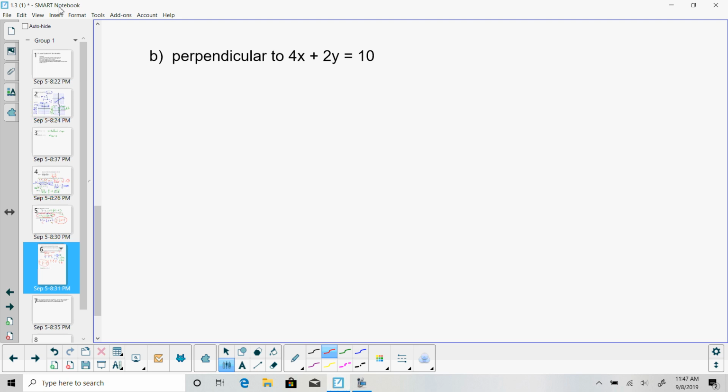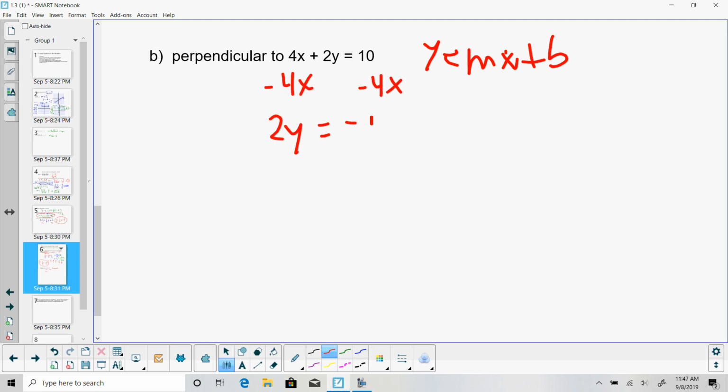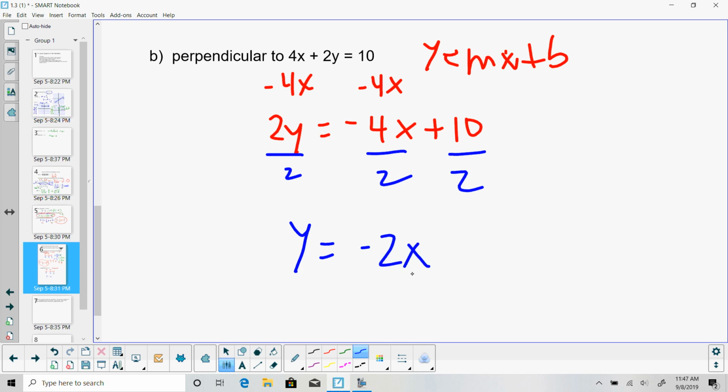So if I find the slope here, I got to put it into y equals mx plus b form. All right, and so we're going to have to subtract 4x from both sides, and I get 2y equaling -4x plus 10. And then if I divide everything by 2, I get y equals -2x plus 5.